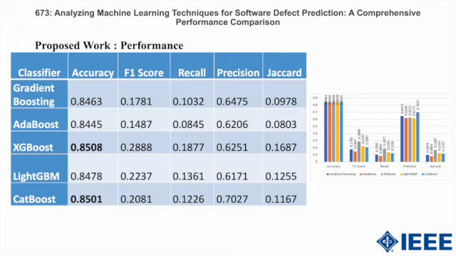These are the results we achieved. First one is accuracy. Then F1 score, recall, precision, and Jaccard have been applied. Both the comparison in tabular format and graphical format is given here. We found that CatBoost is giving the second best accuracy, and XGBoost is giving the first.